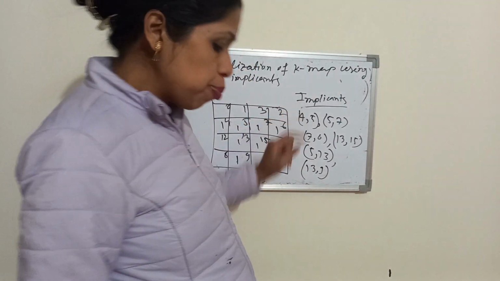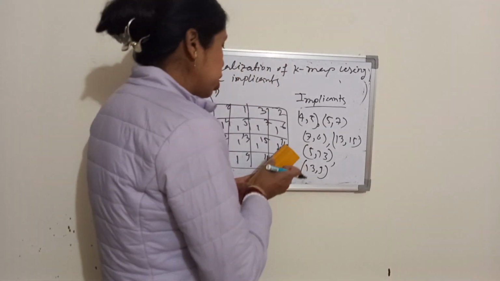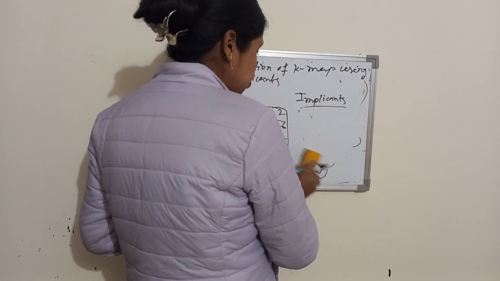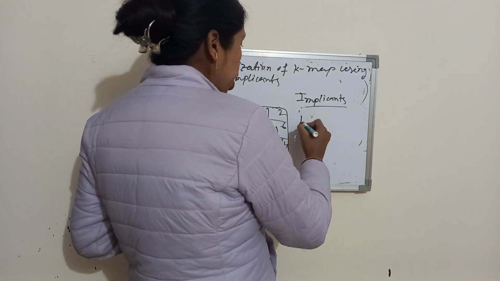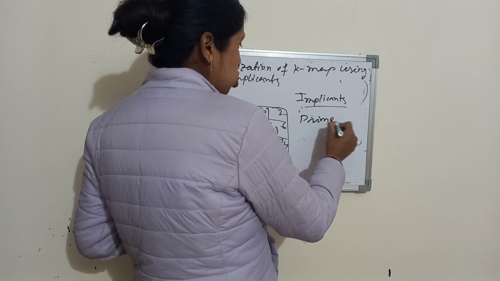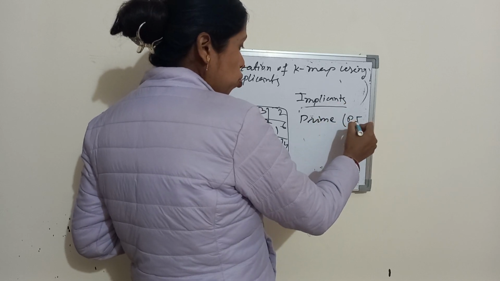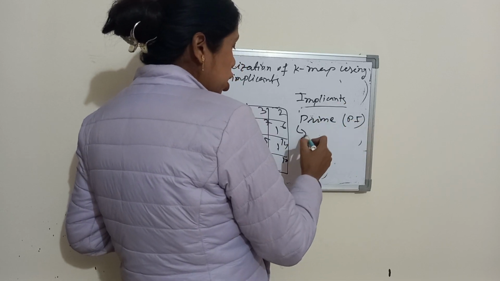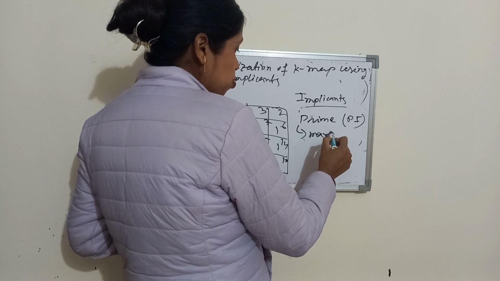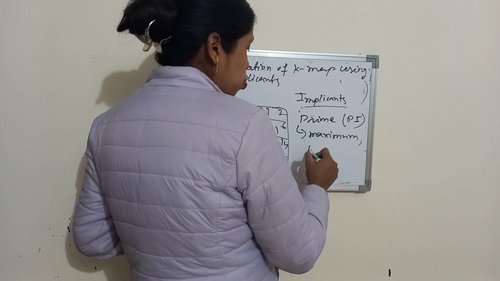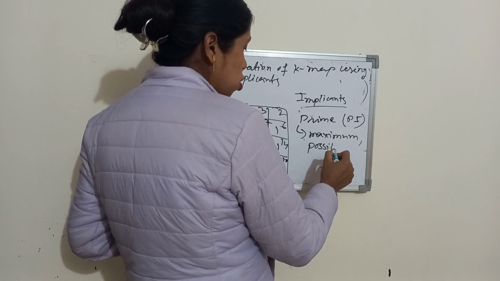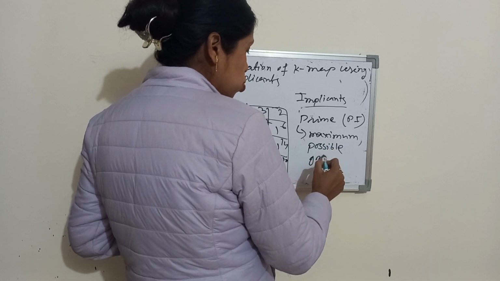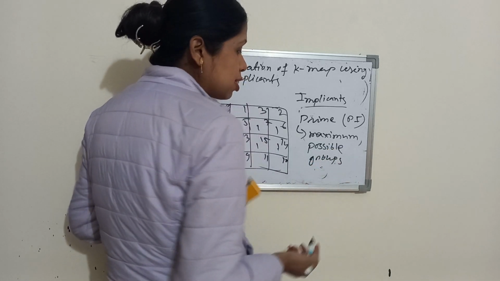Why? In the prime implicants, we need the maximum possible groups which include adjacent ones.